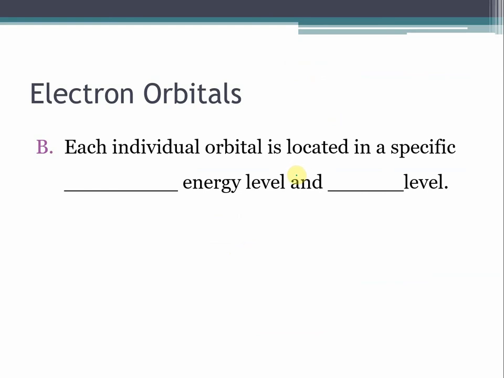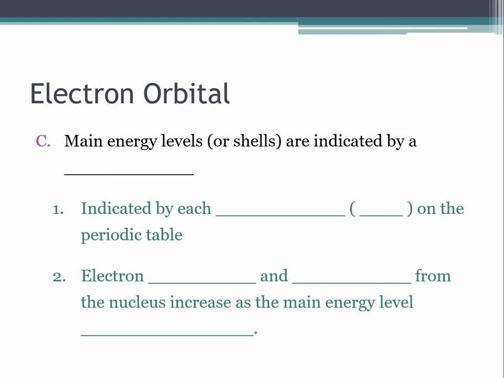Each of these orbitals, each of these three-dimensional regions, is located in a specific main energy level and a sublevel. So every orbital has two things that describe it. It gets a main energy level, which is like a really general location, and then it gets a sublevel, which is a more specific identifier.